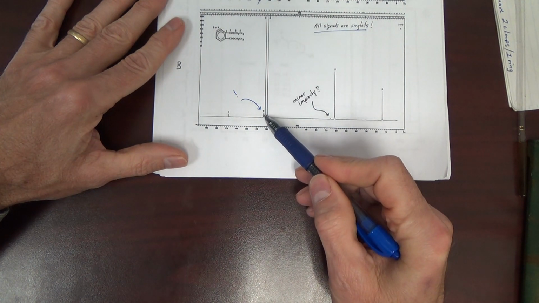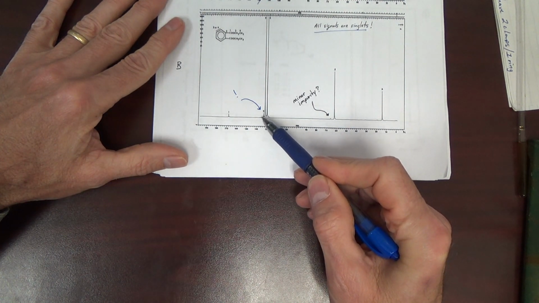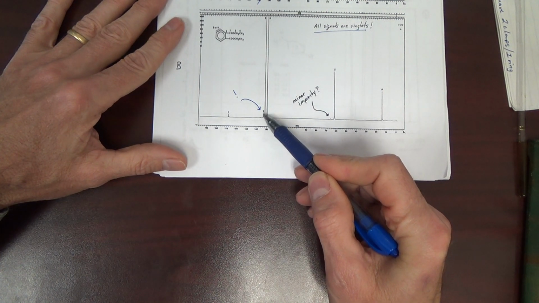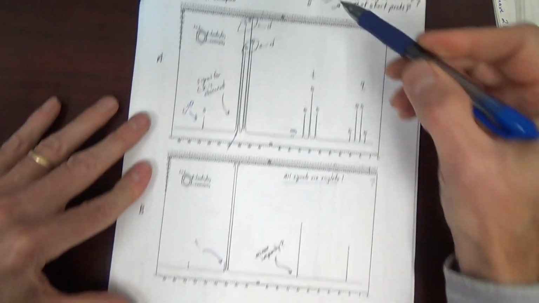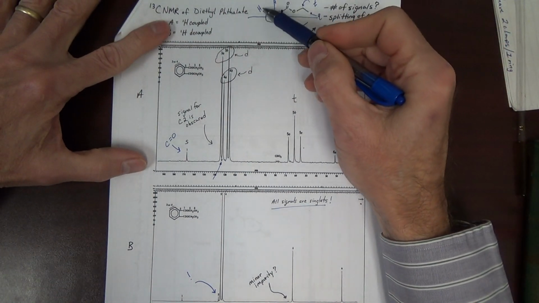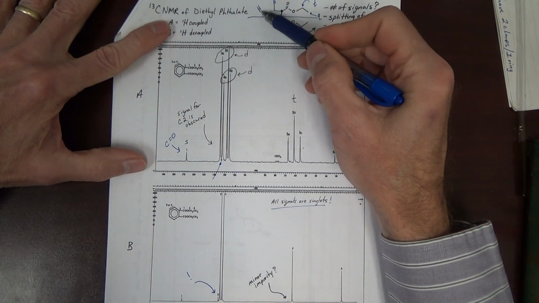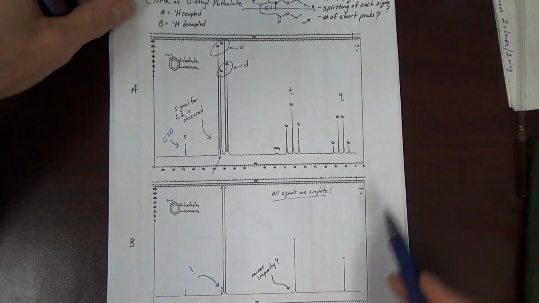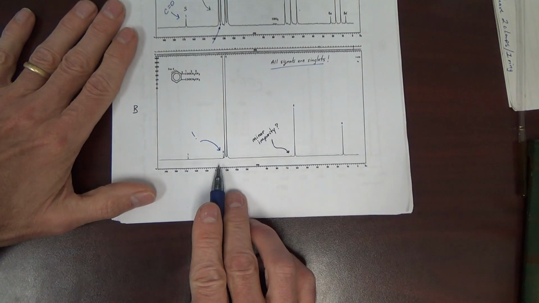Now, the fact that this is so small makes me believe that the relaxation must be super slow for some reason for that particular carbon. All right, if a carbon has an H bonded to it, it's going to relax much faster. All right, hopefully that makes sense.